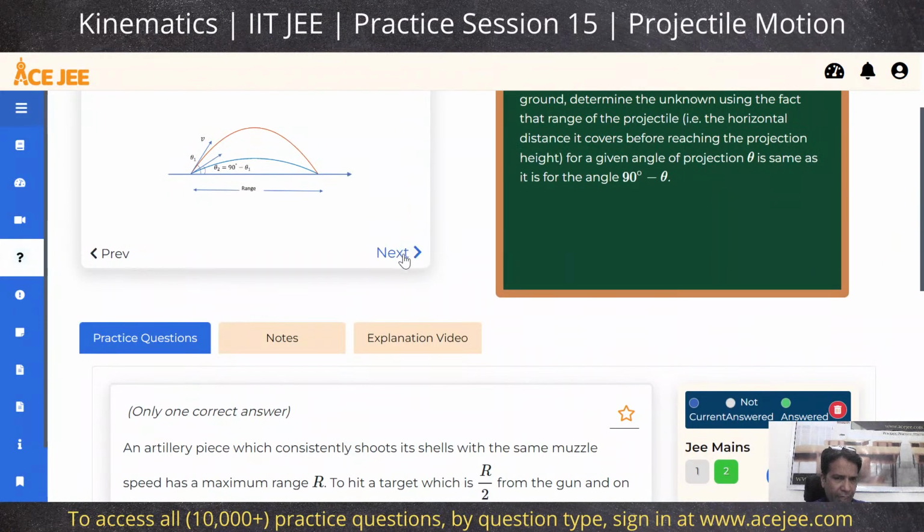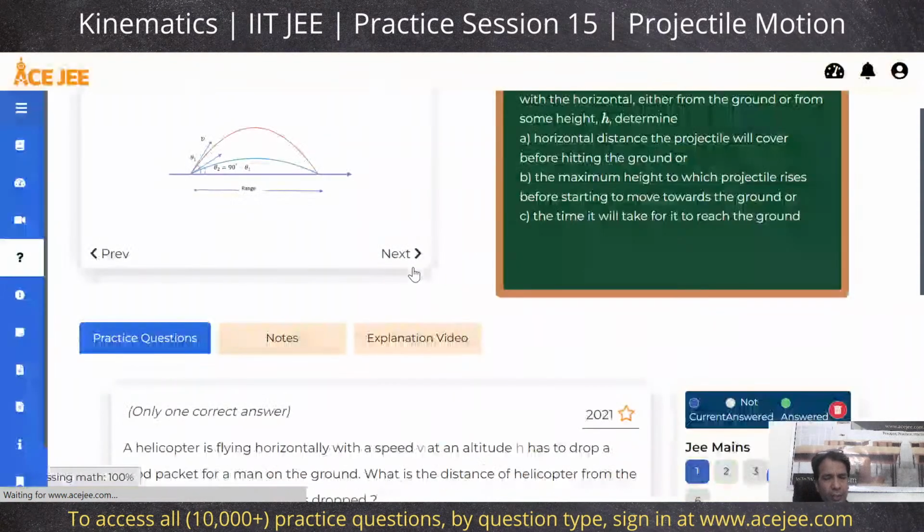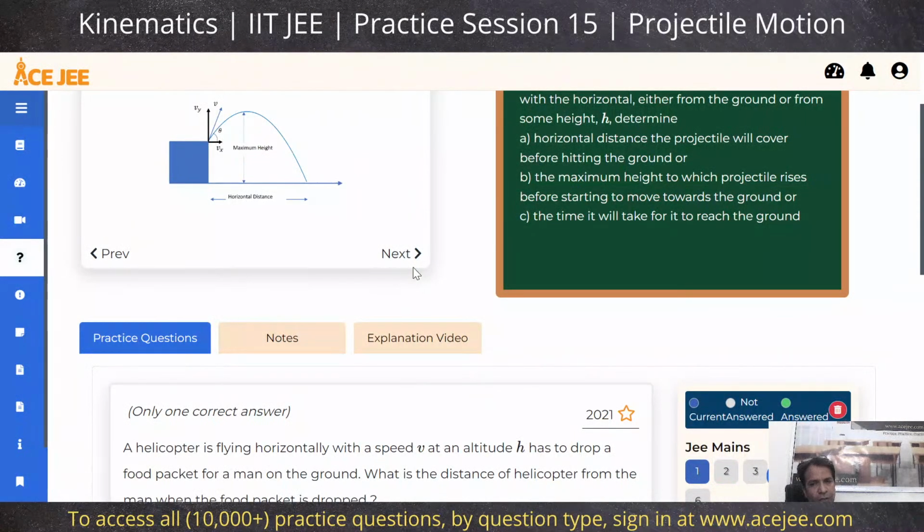So let's go ahead and move to the next question type on projectile motion, where the projectile is dispatched or fired from a certain height. Right? Now, if somebody says what is the horizontal distance it will cover just before hitting the ground, then how would you approach it?